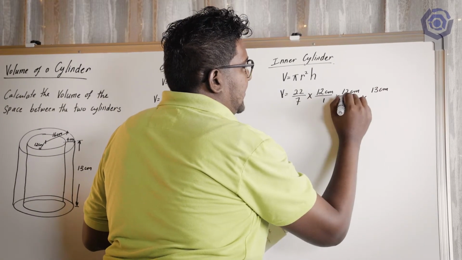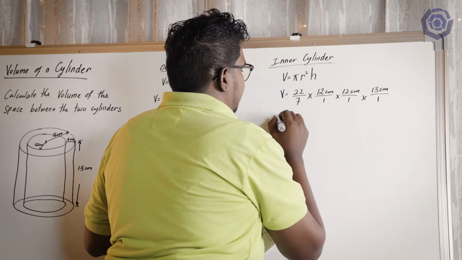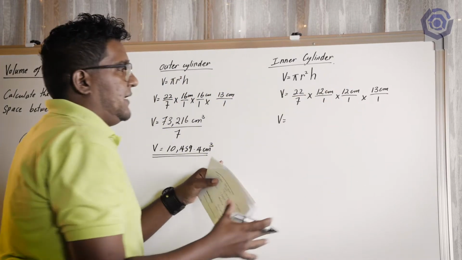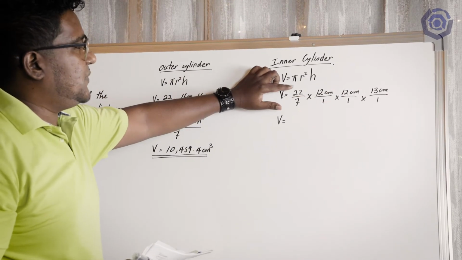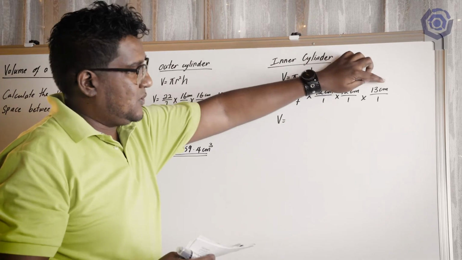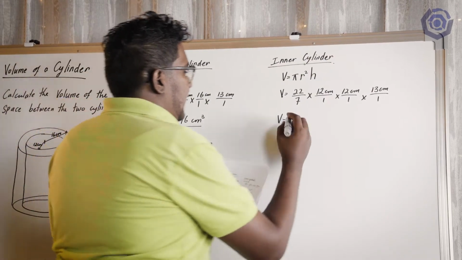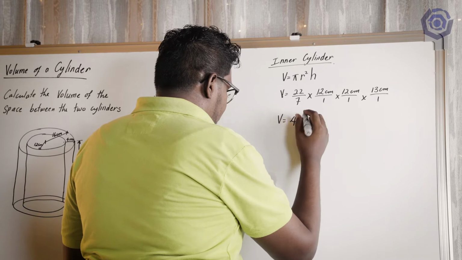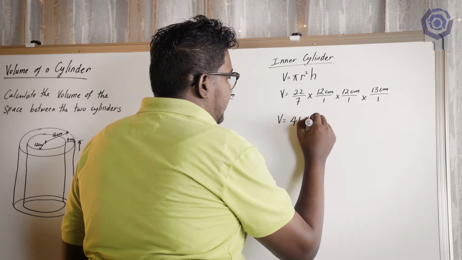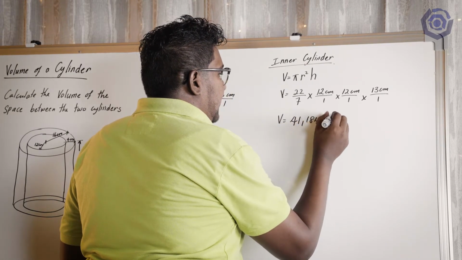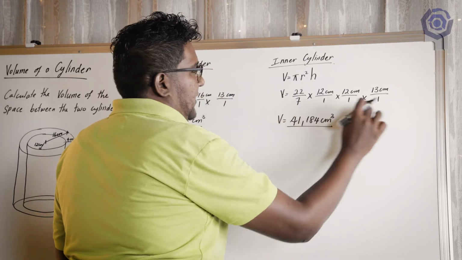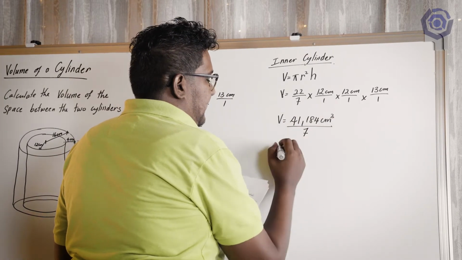To make them into fractions, we put them over 1. We multiply all our numerators. That's going to be 22 times 12 times 12 times 13, and that's going to give me 41,184 cm cubed divided by our denominators, which would give me 7.